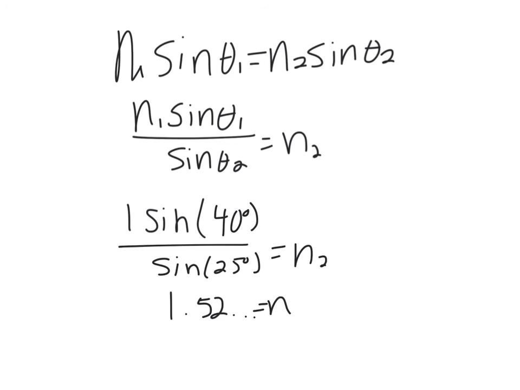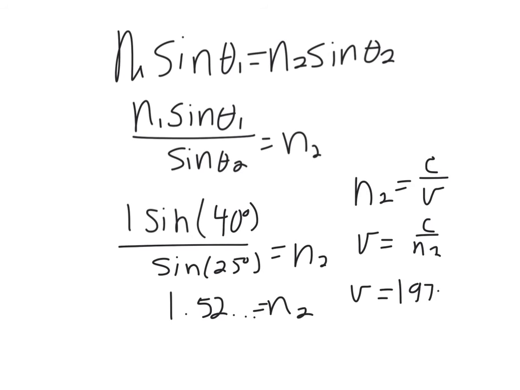We know that the index of refraction equals the speed of light in a vacuum over the speed of light in a substance. So speed will equal C over N2. This equals 3 times 10 to the 8th, that's the constant C, divided by that number, 1.97, keeps on going, giving 243,189.8 meters per second.